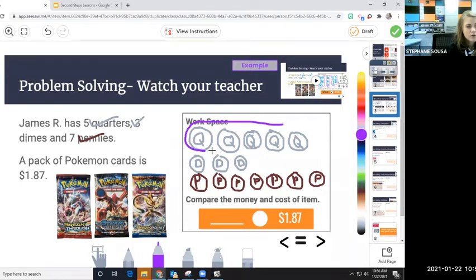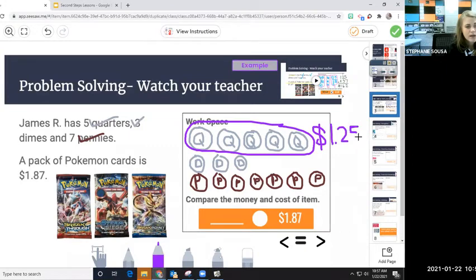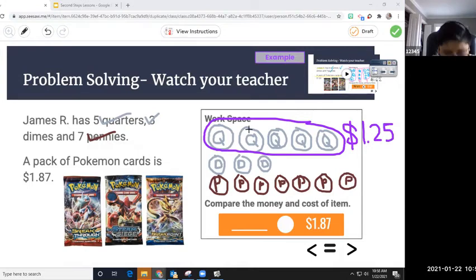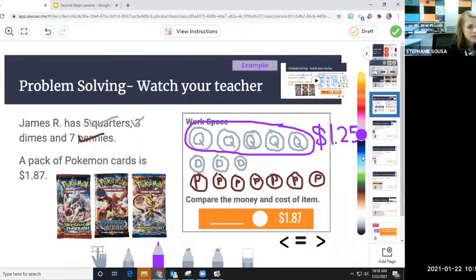I know that 5 quarters is equal to $1.25 because I know that 4 quarters is equal to $1 and then an extra quarter is 25 cents. So I'm going to go ahead and write that $1.25 as a group because I know that that's how much it equals. All righty. I know that 3 dimes is equal to 30 cents.